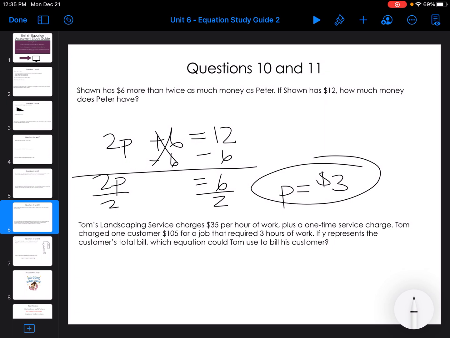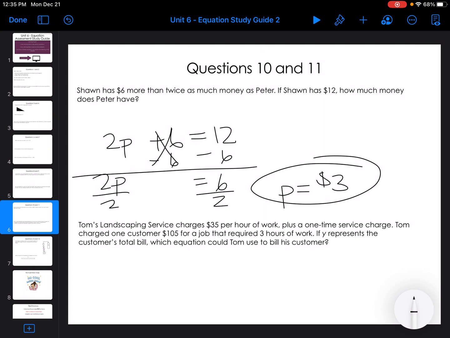Tom's landscaping service charges $35 per hour of work, plus a one-time service charge. Tom charged the one customer $105 for a job that required 3 hours of work. If y represents the total customer's bill, which equation could Tom use to bill his customer?